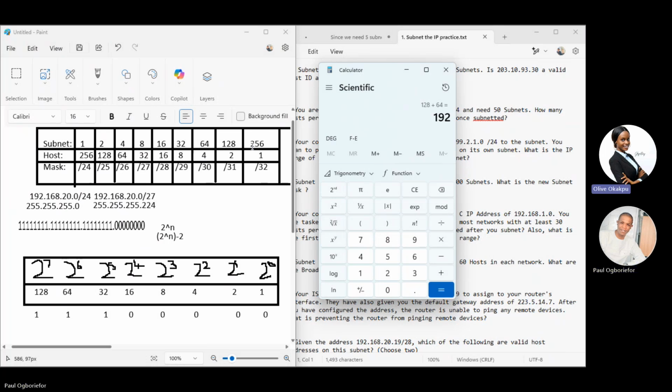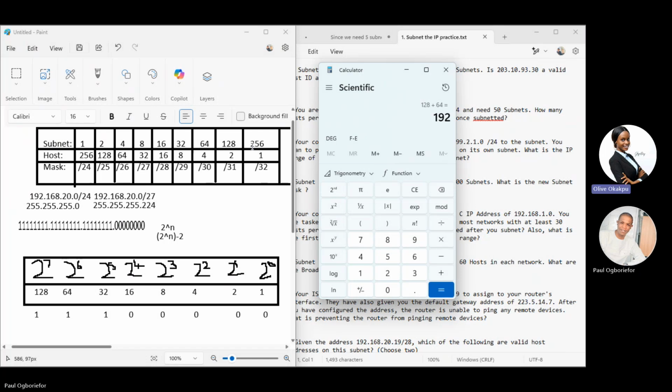What if we are dividing our network into 128 places? How many hosts or IP addresses do we have? You have two. Are they usable?